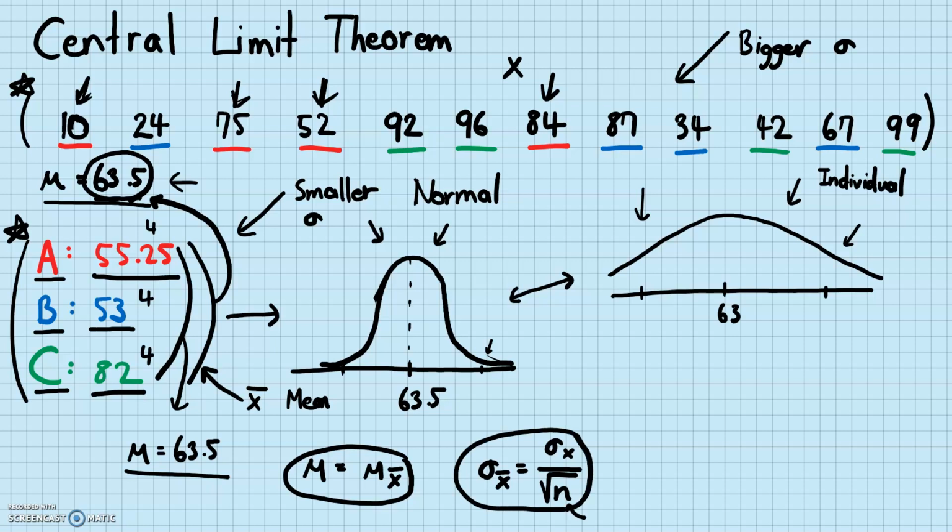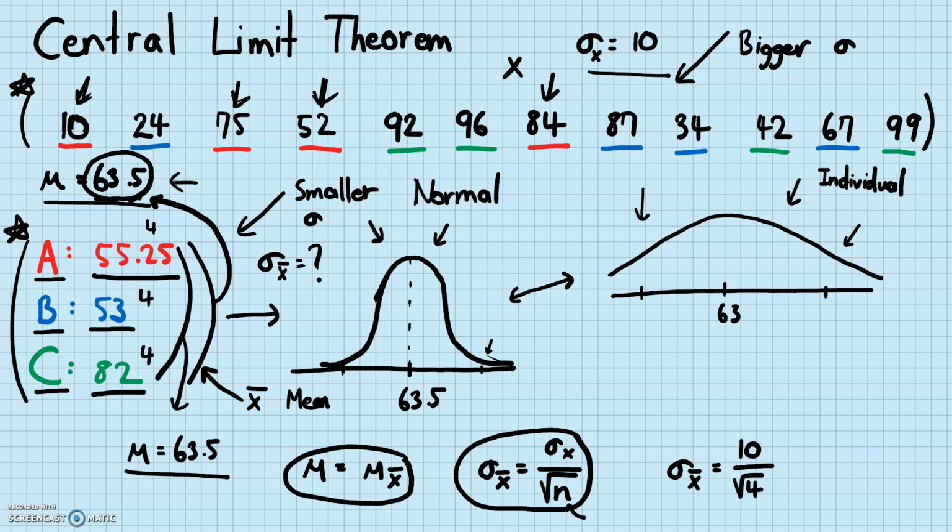So let me, I'm pretty sure that this is not actually correct, but let's say that the standard deviation here is 10. Then what would be the standard deviation of the means here? We can find that by doing: standard deviation of the means equals standard deviation of the original data, which is 10, divided by the square root of 4.